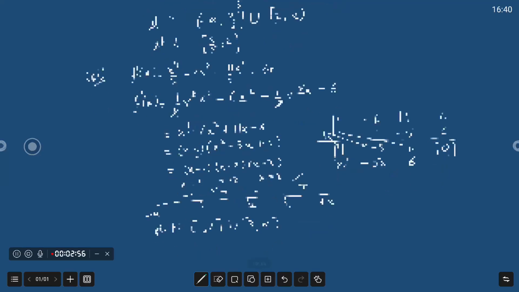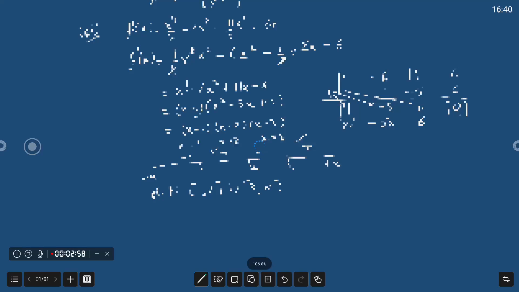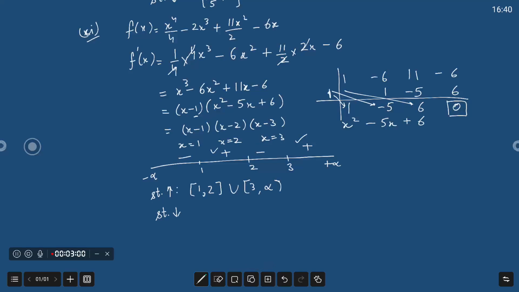And it is strictly decreasing in which interval? (minus infinity, 1) union (2, 3). So done with the last part of this question 13.